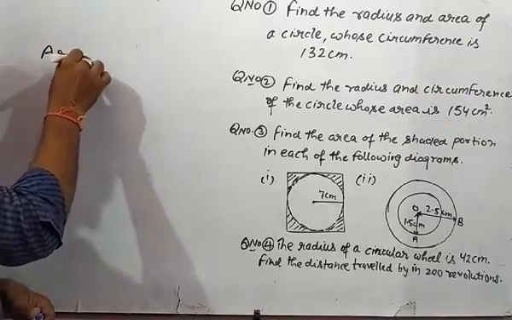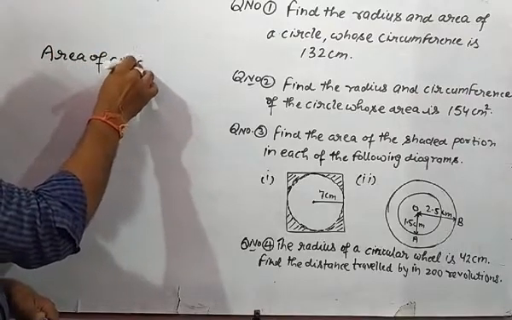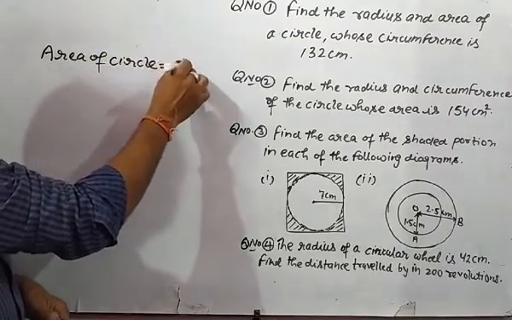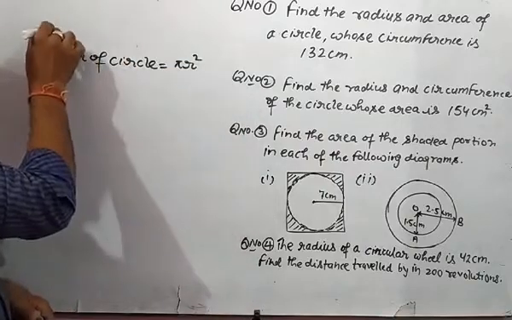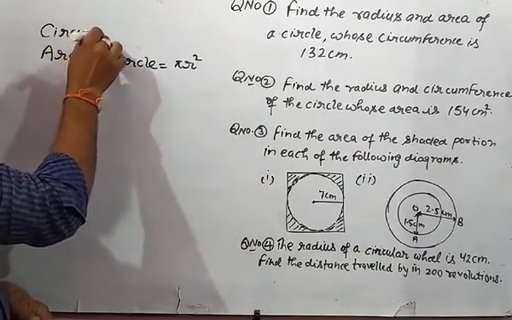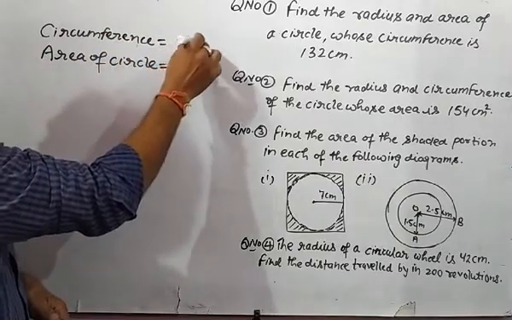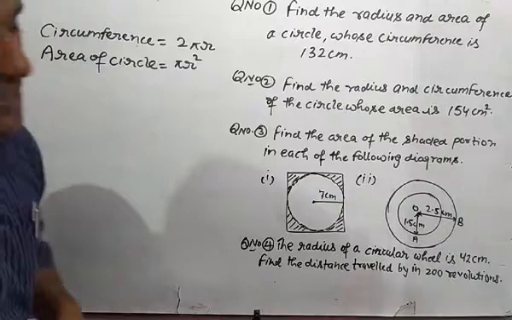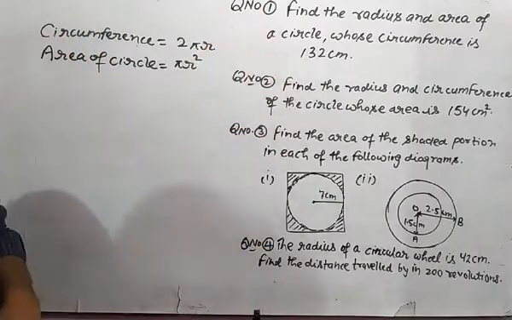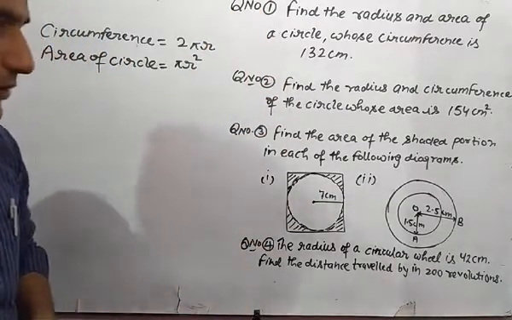Area of circle is pi r square, and circumference will be 2 pi r. These two formulas we have to use for the first and second question, and even in the third question.